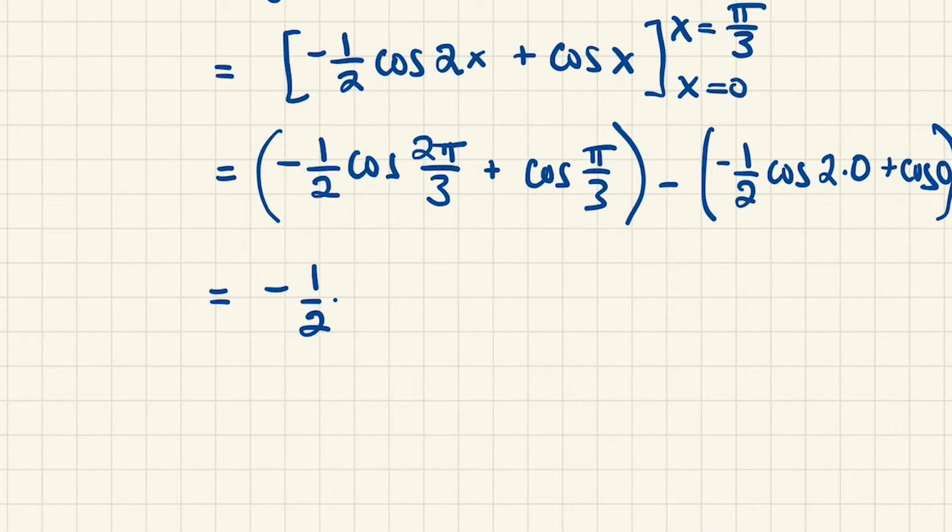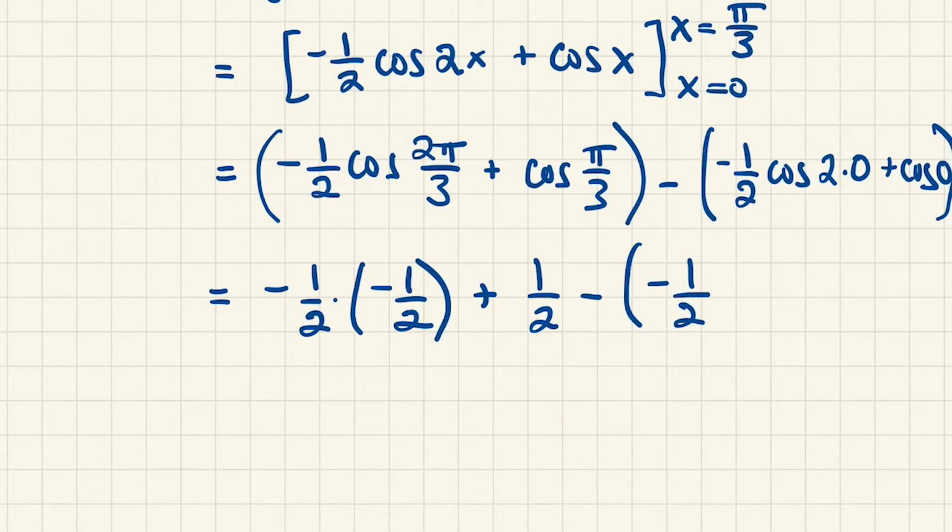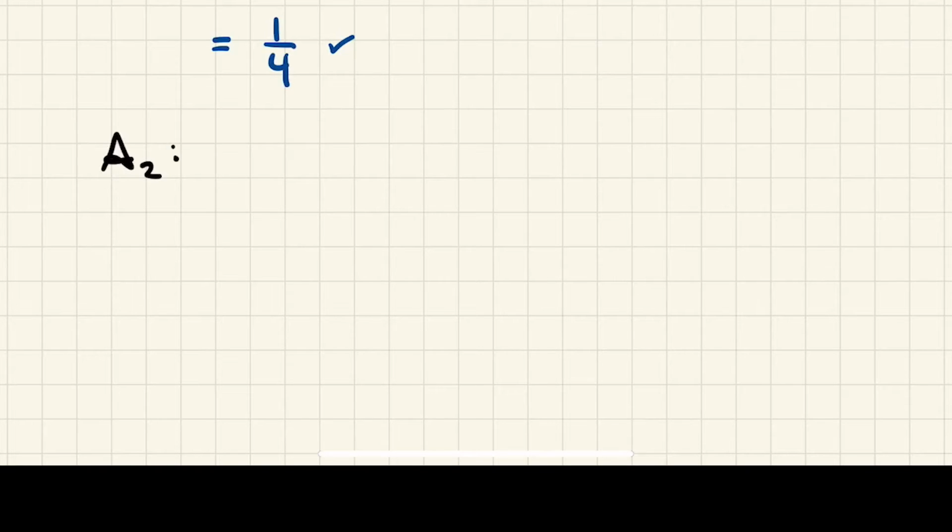Well, that's second quadrant, so this will come out negative. So it'll be negative 1/2. Cosine of pi over 3 is positive 1/2. Cosine of 0 is 1, so we have a negative 1/2 there. And cosine of 0 is 1. There we are. So we'll just add up this mess of things. Looks like 1/4 plus 1 minus 1. So 1/4.